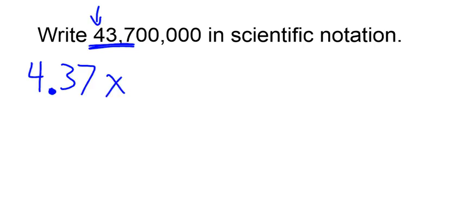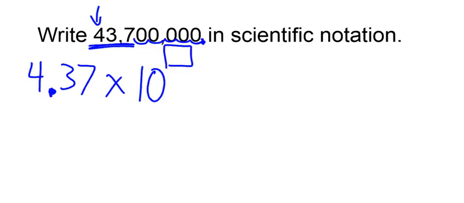And so we have our decimal now. Now we're going to multiply by a power of 10. Remember that this power of 10 has to do with the number of place values that we had to move the decimal. Now technically the decimal is right here. So let's count them: 1, 2, 3, 4, 5. And this is where you're going to want to stop. But remember, the decimal isn't there. It's between the 4 and the 3.